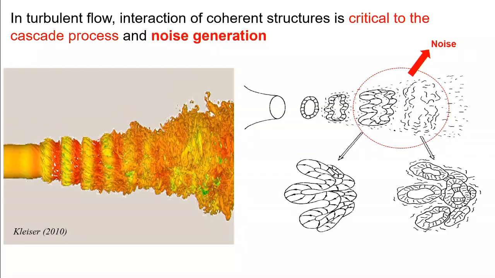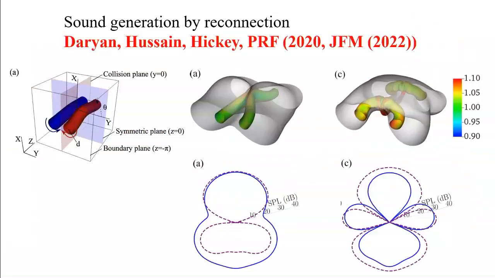But the process is that, for example, in noise generation in a jet, essentially you have a jet forming a series of vortex rings, but these vortex rings get perturbed, and when they have these wiggles, they end up reconnecting into a series of smaller rings. More recently they were able to prove that this is indeed the case.